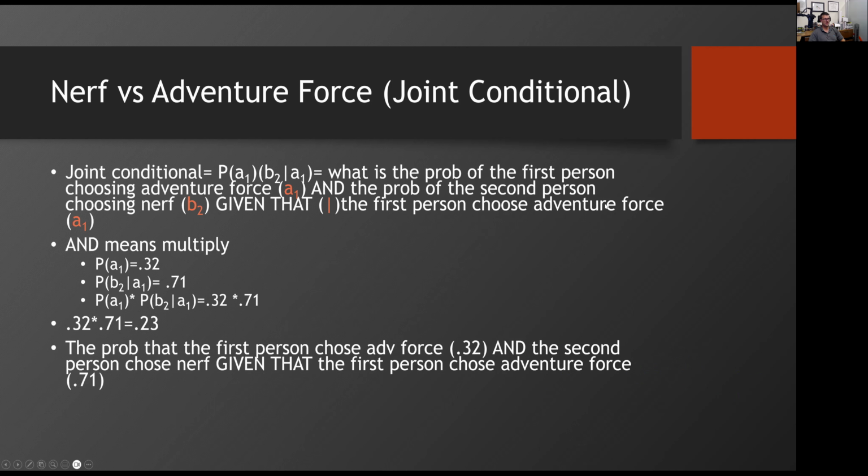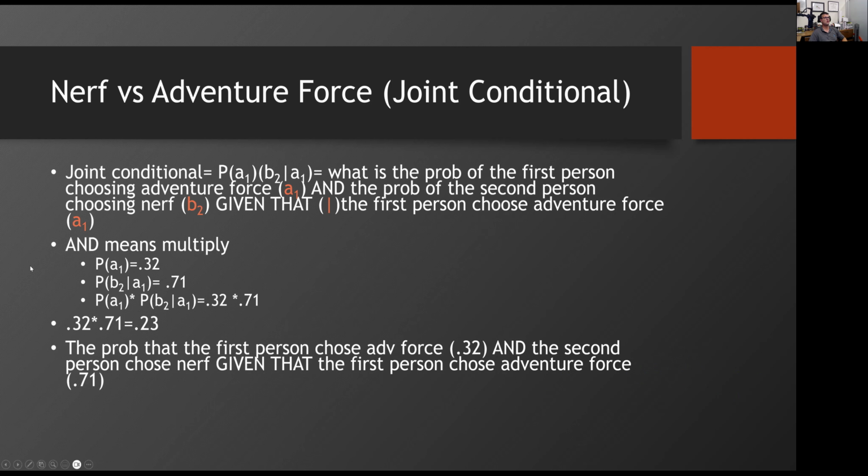So, just reading that all together, that's exactly what I just said. But you notice, for A1 I show you choosing Adventure Force, and then the probability of the second person choosing Nerf is B2. So the 2 means second person, and B stands for choosing Nerf, given that the first person chose Adventure Force.